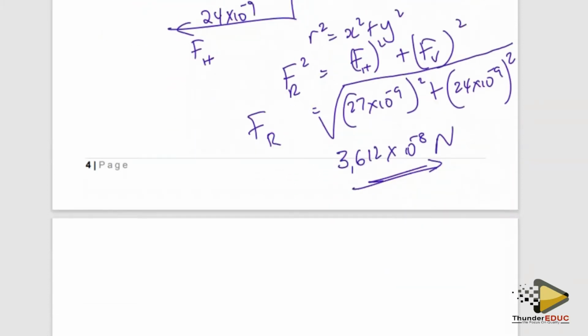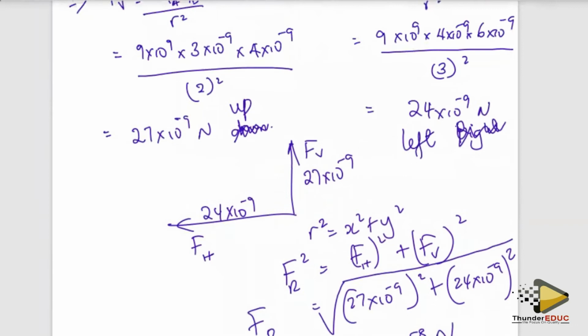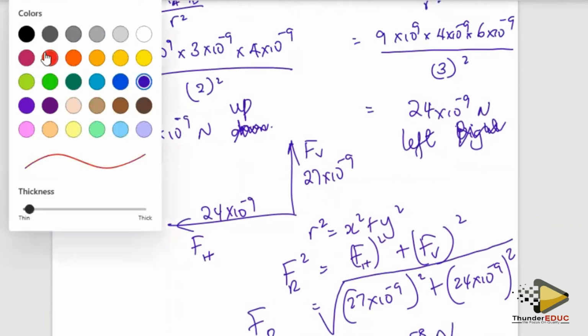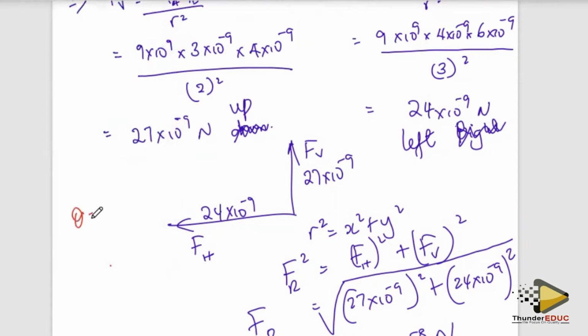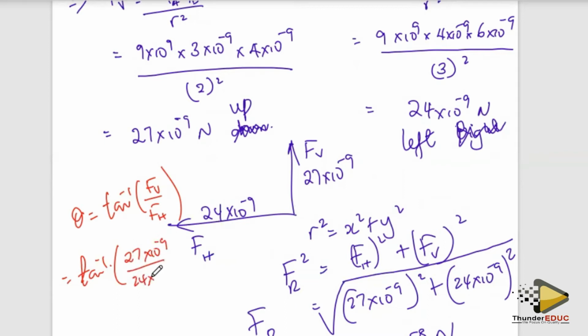Now we also need to find the direction. So with the direction, you need to use the angle of inclination, which is the arctan of the F vertical over the F horizontal. Okay, shift tan. Our vertical was 27 times 10 to the negative 9 over 24 times 10 to the negative 9.